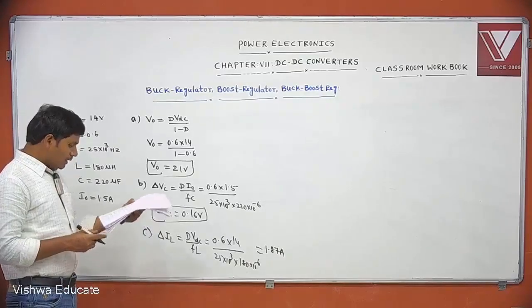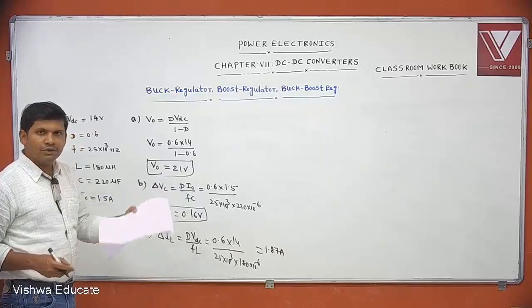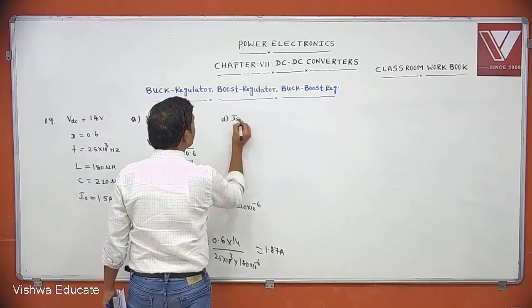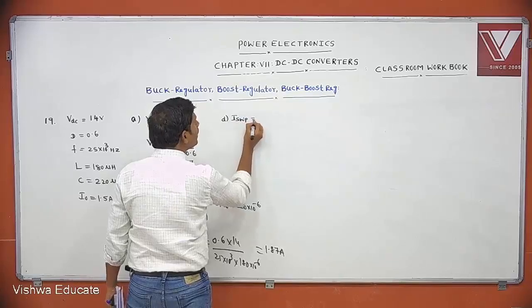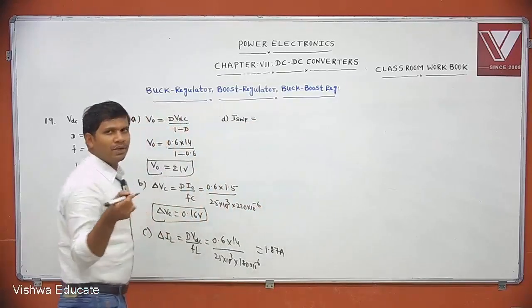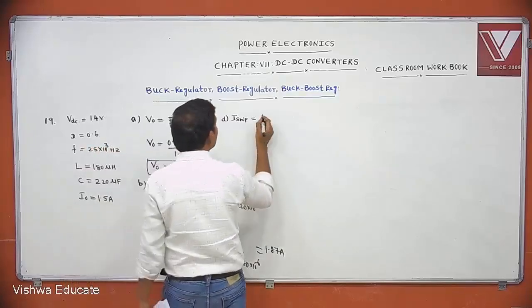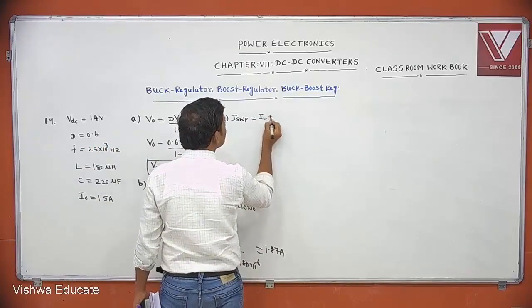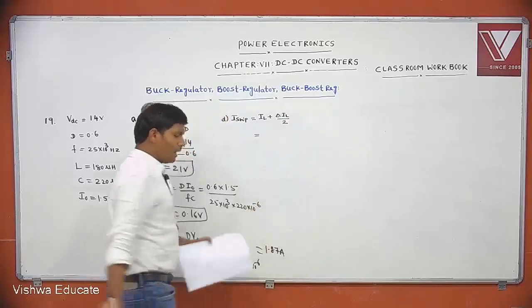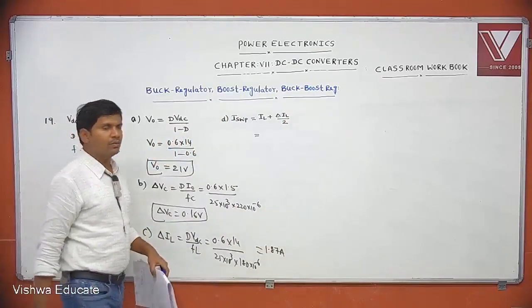Then this is part D, the peak value of switch current. What is the peak value of switch current in a buck boost converter? It is nothing but the peak value of inductor current. Peak value of inductor current is IL plus delta IL by 2. What is IL?